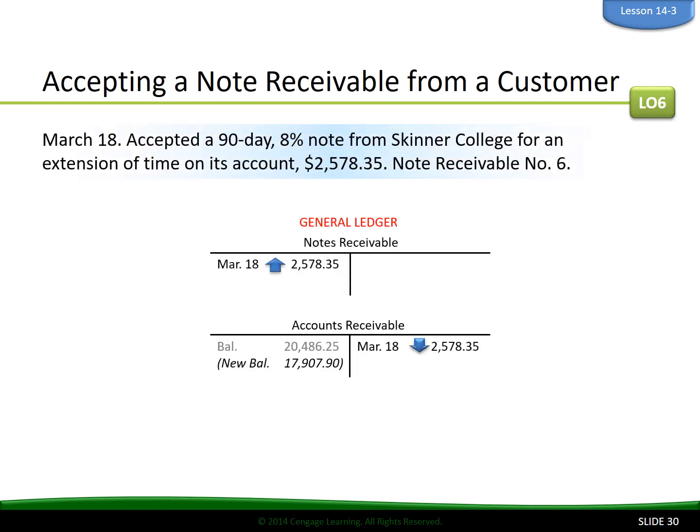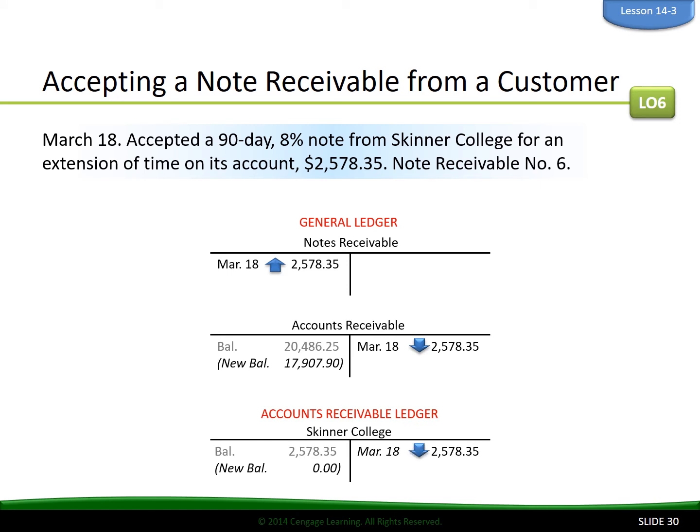So this is an example of a transaction that involves accepting a note receivable from a customer. March 18th, accepted a 90-day 8% note from Skinner College for an extension of time on its account in the amount of $2,578.35.